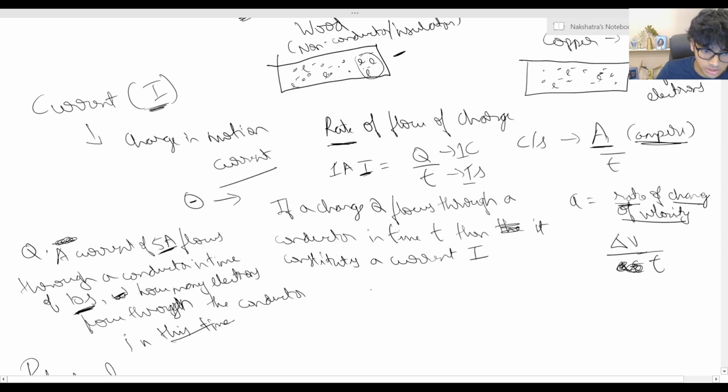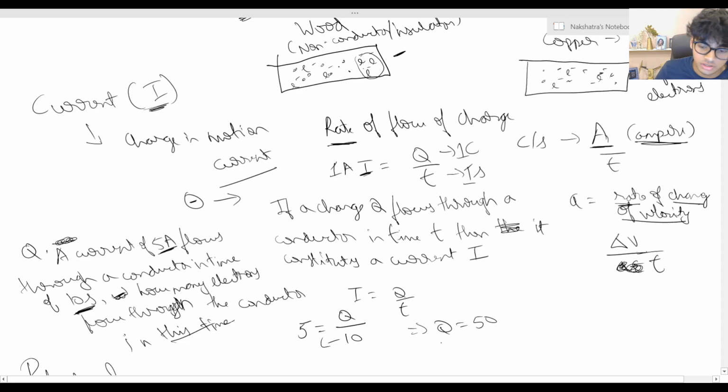So let's plug these values into our formula. I is equal to Q upon T. Here current is 5 ampere, so 5 is equal to Q, which we don't know the charge at the moment, upon time 10 seconds. Okay, we can take 10 to the left side and say that Q is equal to 50.